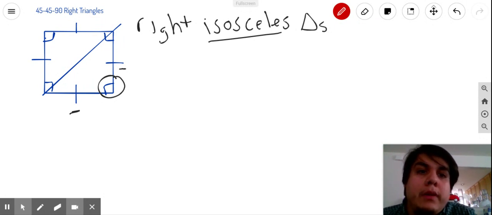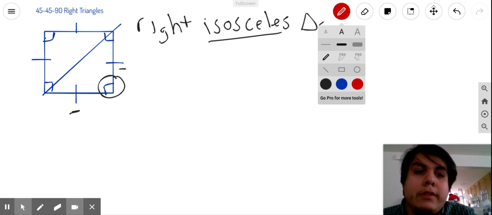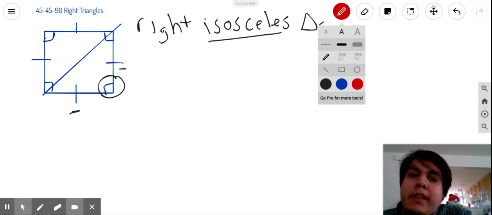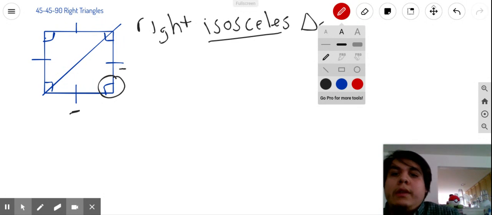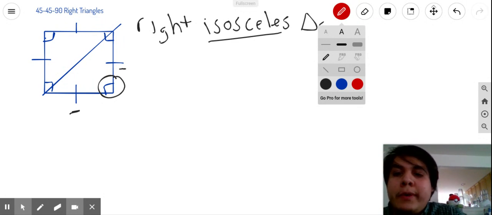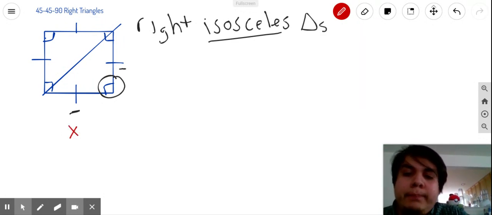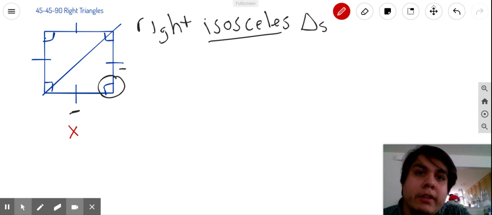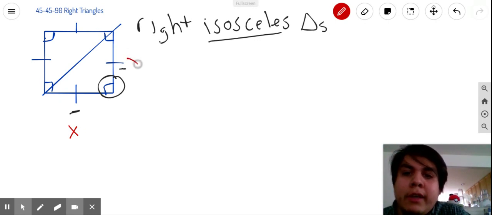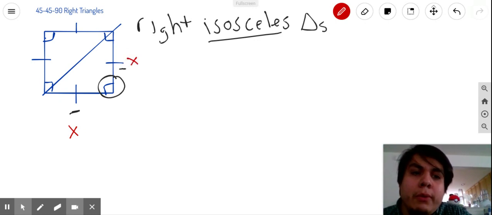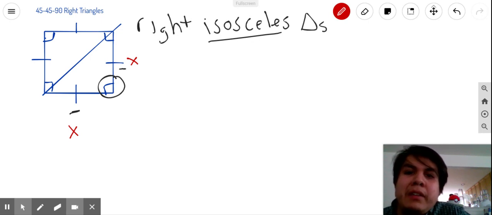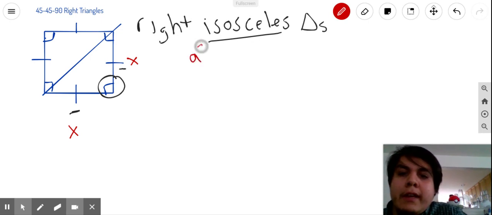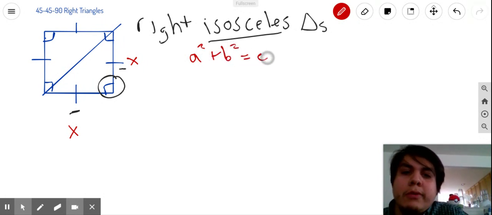So when it comes to this, we're going to talk about finding the length of the hypotenuse. I don't know what this side is. Let's call it x. And because it's a right isosceles triangle, automatically I know this other side is also x. Because it's a right triangle, I know that a squared plus b squared should equal c squared.